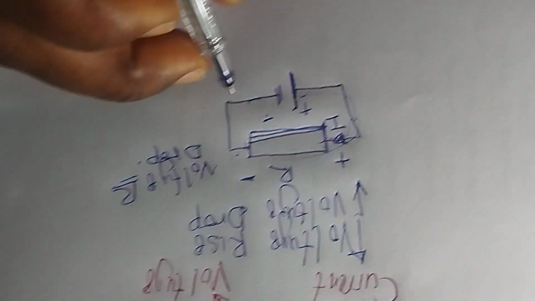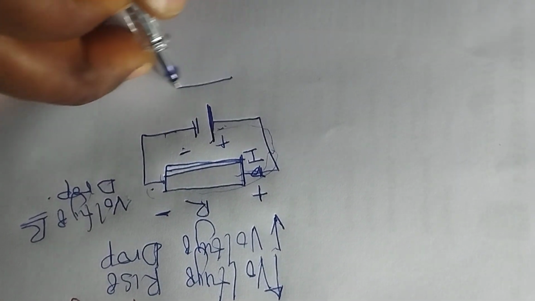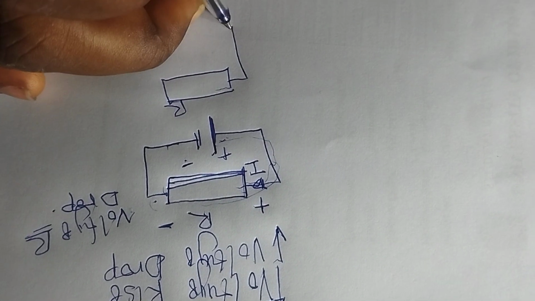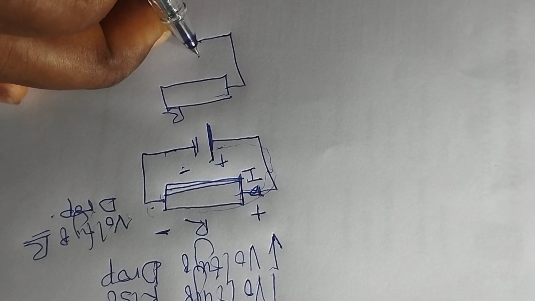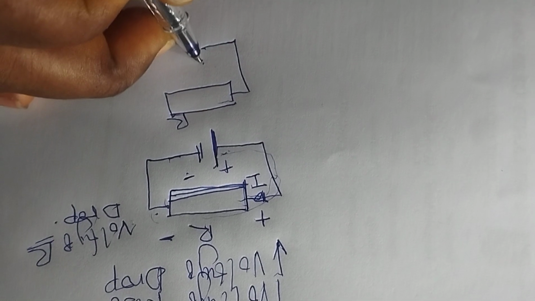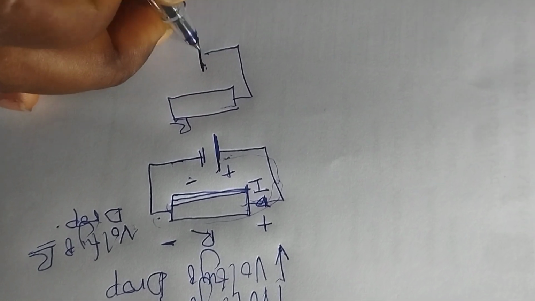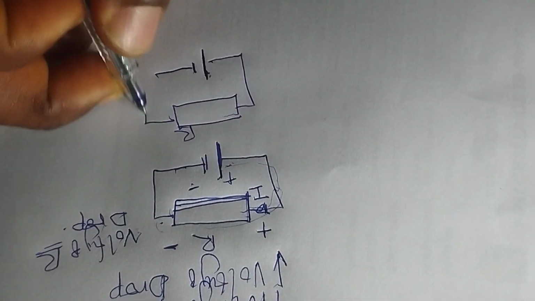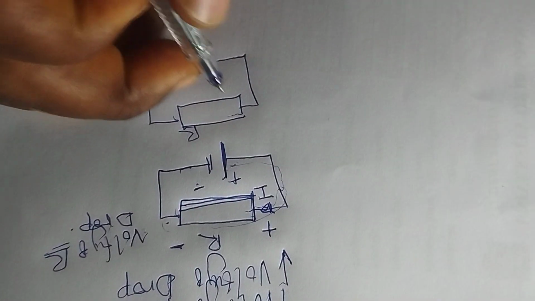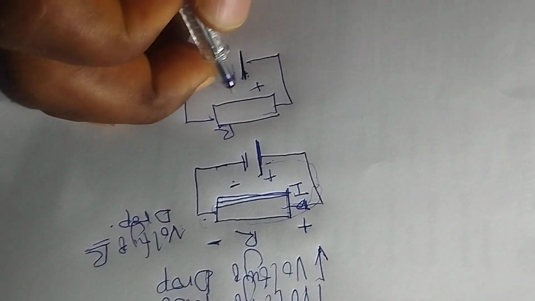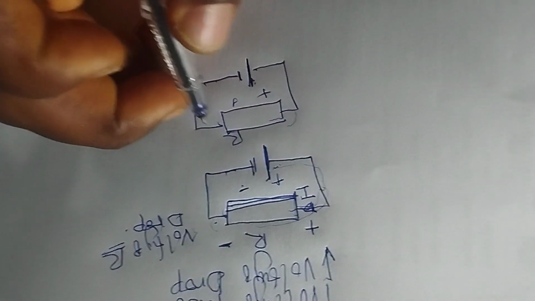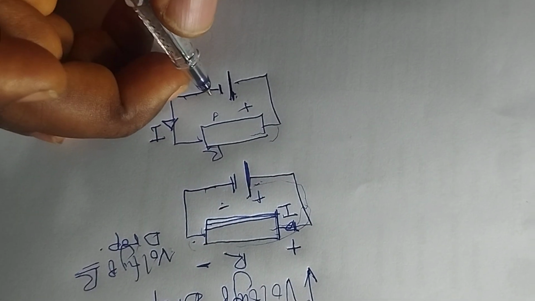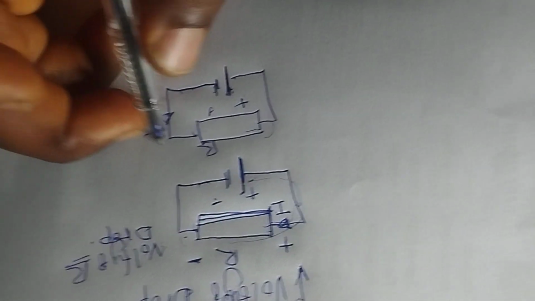In another situation, let's say we still have the same arrangement of resistor and the cell, the way it is, but we now assume that instead of the current flowing from the positive terminal to the negative terminal, the current is now flowing in the opposite direction, that is from the negative to the positive terminal.